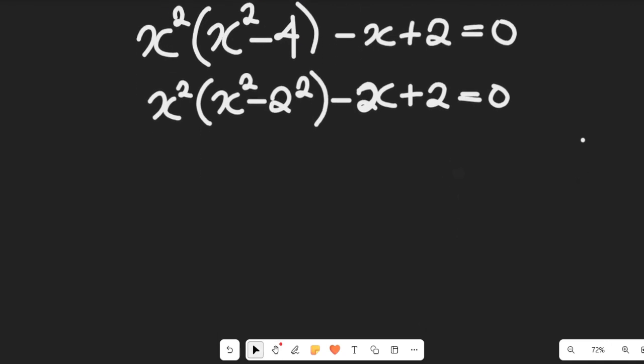Now let's still draw our minds back to the difference of two squares, because this is absolutely a difference of two squares.